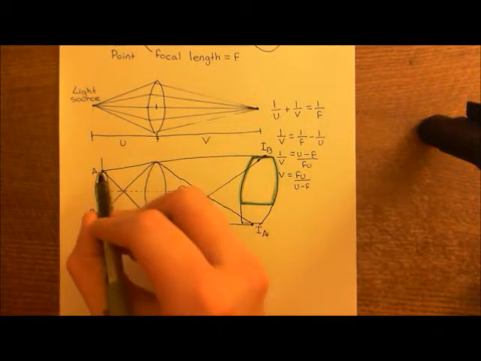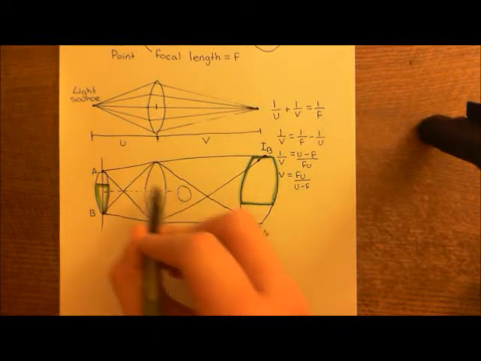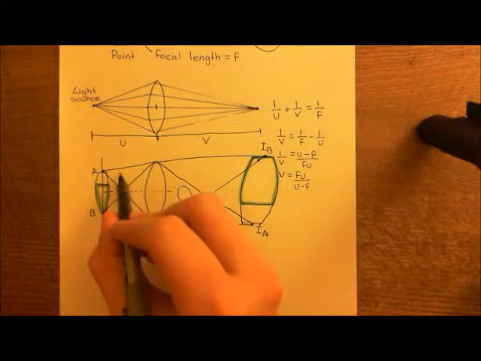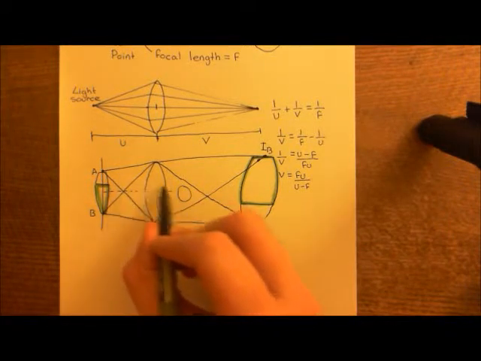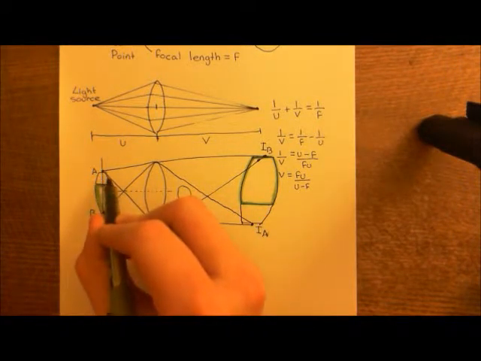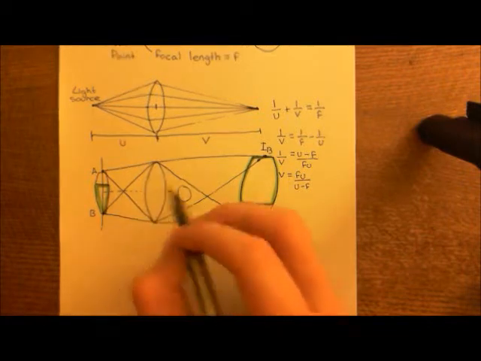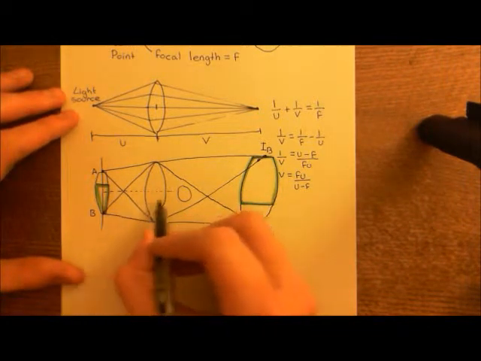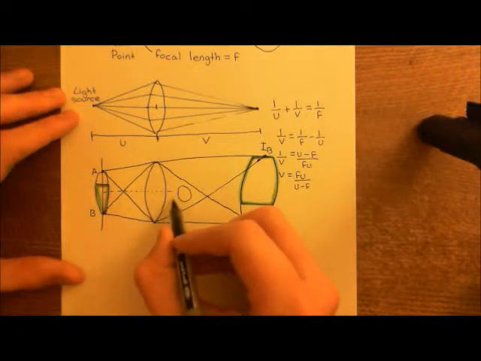So you will still see this side at the top and this side at the bottom, because the light coming into your eye from this top portion will be the light from here, and the light coming in from the bottom will be the light from here.